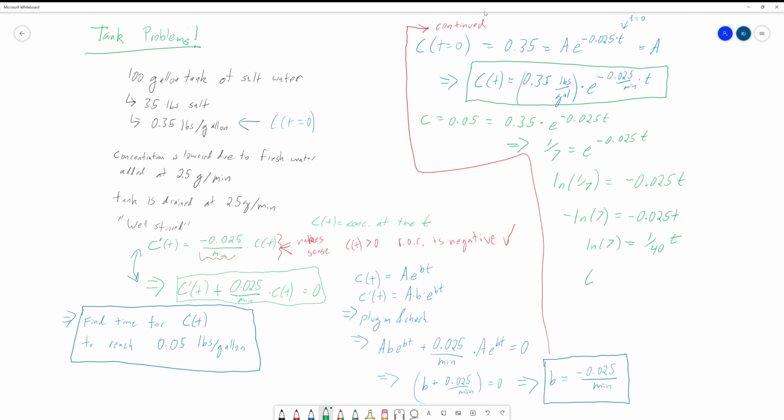So how long is it going to take to reach a concentration of 0.05 pounds per gallon? What's going to happen at time equals 40 times ln of 7 minutes.